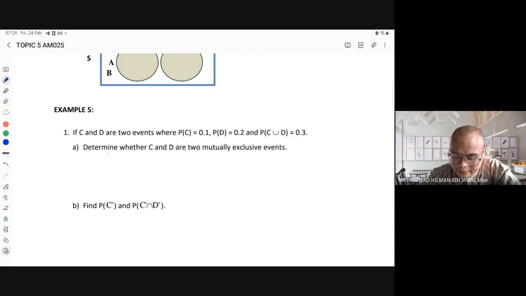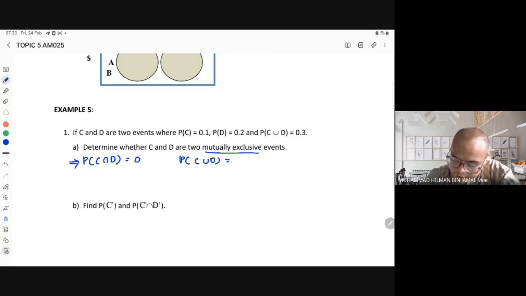So macam mana kita nak determine whether C and D are two mutually exclusive events? So we know that mutually exclusive events is events that probability ataupun dia punya intersection is always equal to 0. Okay. So kita tahu kalau mutually exclusive, dia punya intersection adalah sama dengan kosong sebab dia tak ada intersection. So kalau kita gunakan formula, kita cari dia punya union.